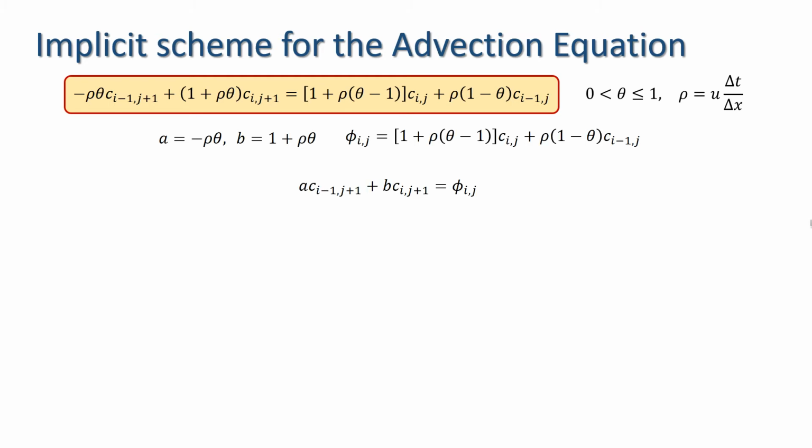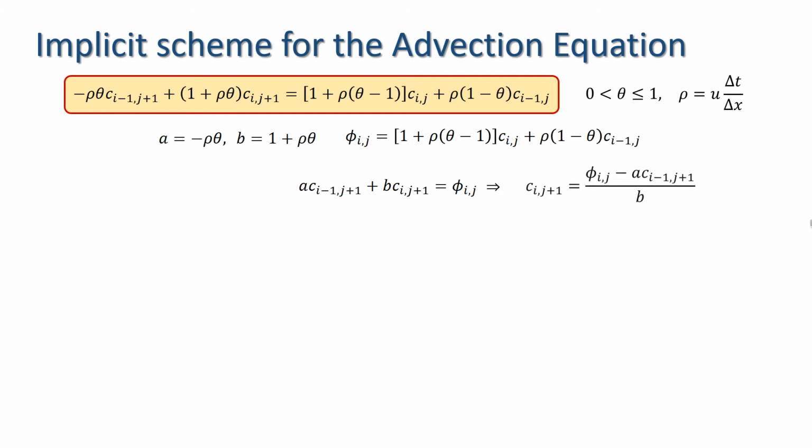We've already noted that this generates a system of simultaneous equations at time step j plus 1. For most implicit schemes we would need a solver to deal with them, but in this case the nature of the scheme lends itself to a simple solution because of the upwinding. First, we rearrange the update equation so that only c i j plus 1 is on the left-hand side.